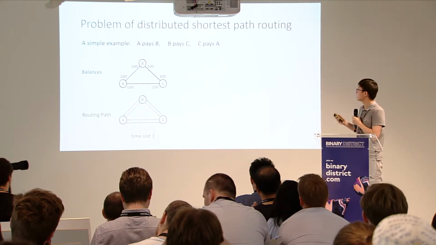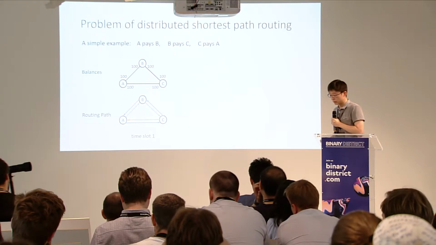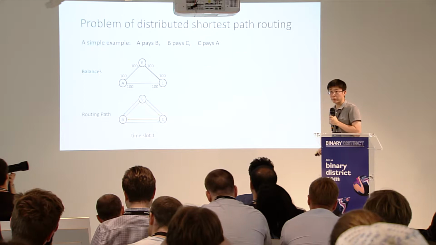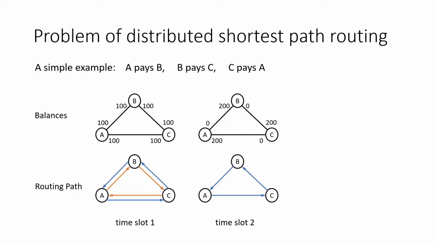Let's take a quick example of the problem. For example, we have this very simple network. It's just a 3-node full mesh. A pays B, B constantly pays C, C pays A. Initially, each node has a balance of 100 bucks to the other nodes. And the shortest routing path is trivial. After a while, because the payments are going on, the balance from one direction becomes 0.